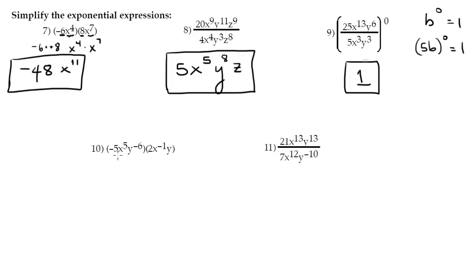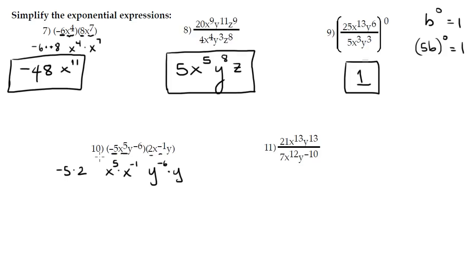Okay. So now here I'm multiplying. Number 10 is like number 7, but with some negative exponents thrown in there. But I'm doing the exact same thing. Negative 5 times 2, x to the 5th times x to the negative 1, and then y to the negative 6 times y.